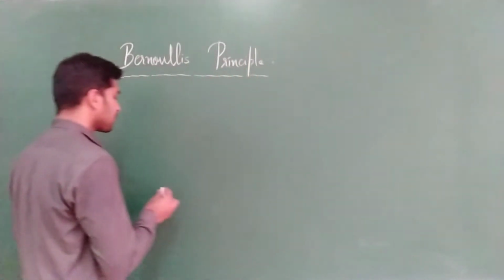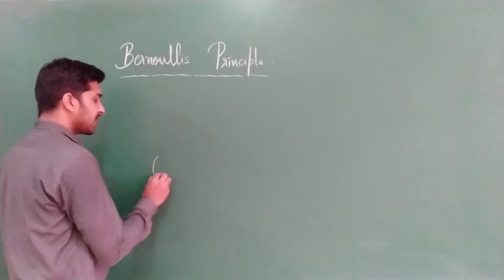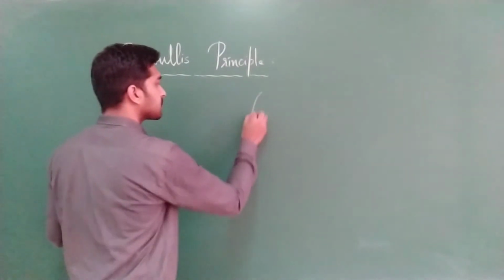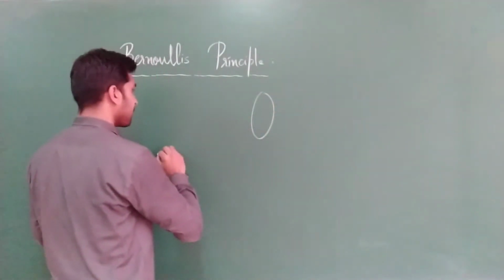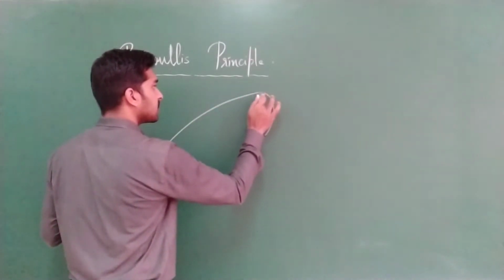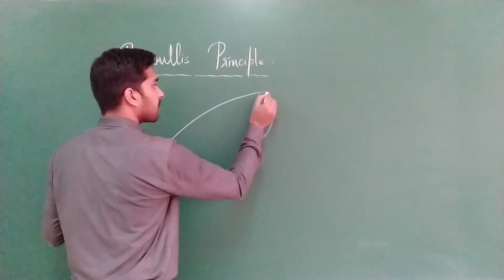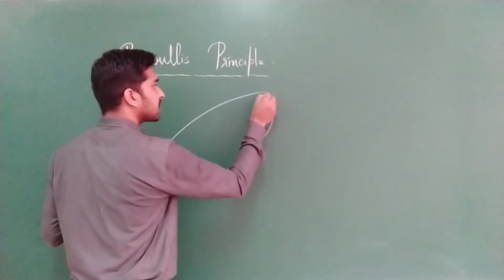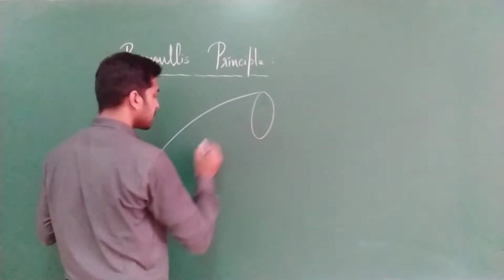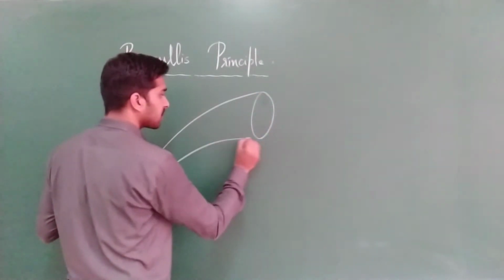So again we are taking a pipe of varying cross-section like this. Clear? It is having different cross-sections, where we had used this derivation in the equation of continuity.